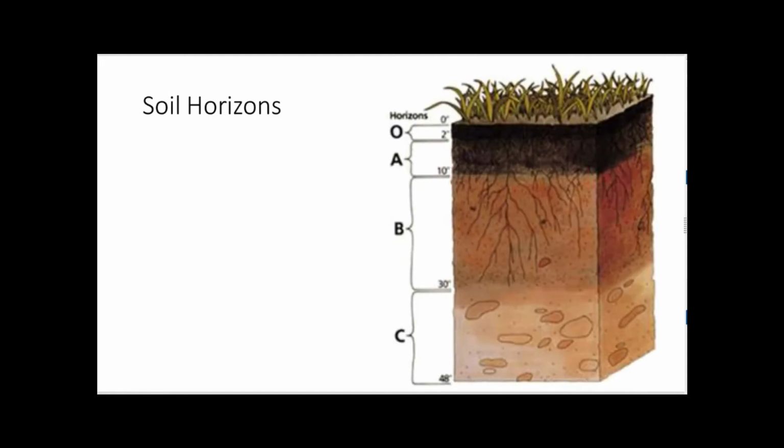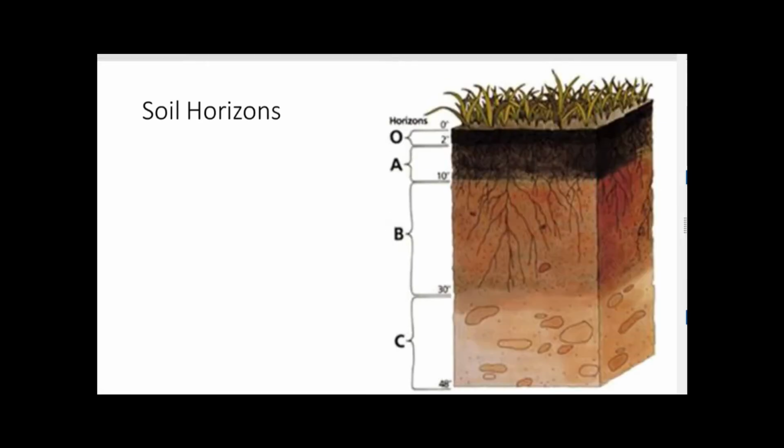You guys may have seen this picture in your content, or if you haven't, you will soon. This picture is classic APES, and it's called a soil horizon, and it looks like a piece of soil cake, kind of.